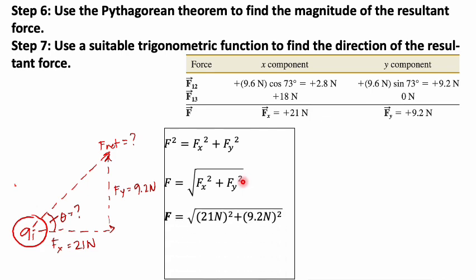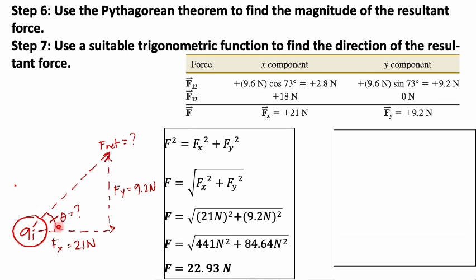Substitute the values. Fx is equal to 21 Newton, while the y component is 9.2 Newton. So, get the squares of these two values. Ayan. Then, add the 2 and get the square root. You will get 22.93 Newton. So, that is the magnitude of the resultant force that is acting on charge 1.